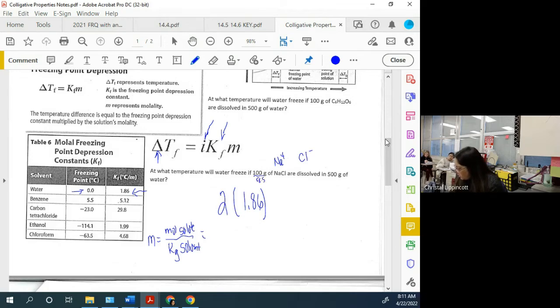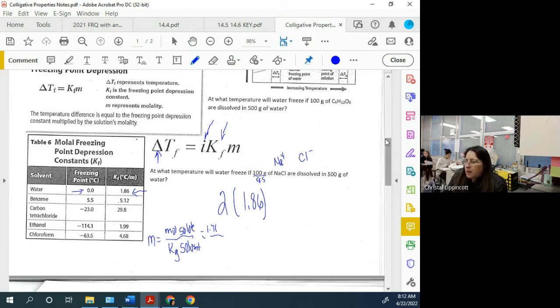So we're going to go 100 divided by 58.5, and that's 1.71.